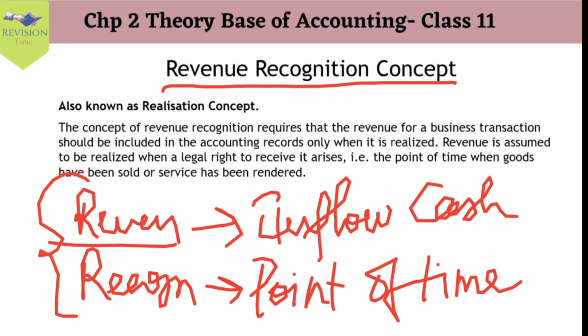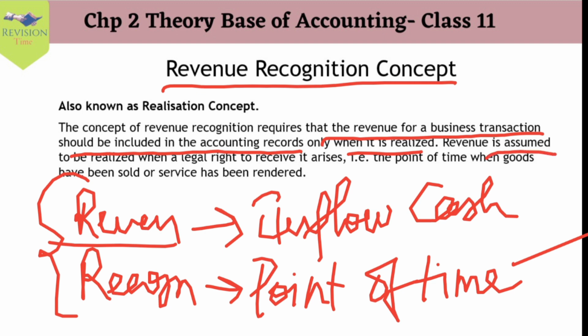So revenue recognition concept requires that the revenue for business transaction should be included in the accounting records, which means that revenue must be included in the accounting records when it is realized. Means at the point when the goods are sold or the service is rendered. Revenue must be recorded in the books of account at the point when the goods are sold or service is rendered, irrespective of whether the cash is received or not.